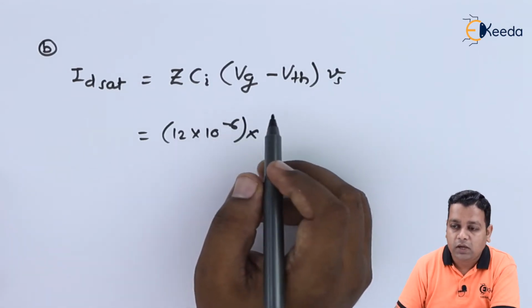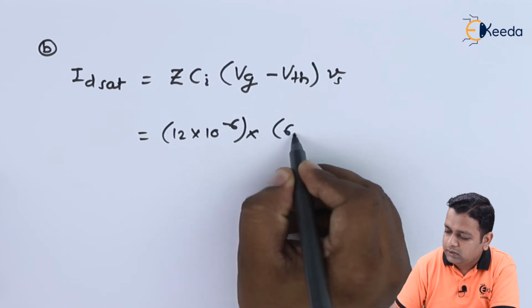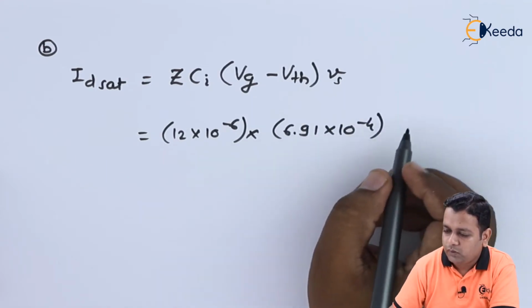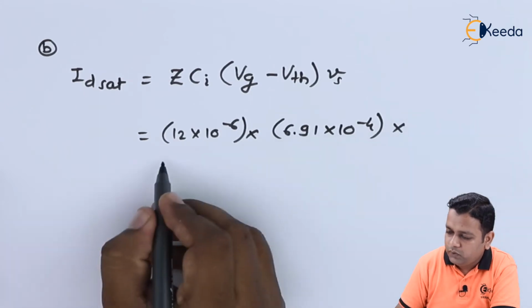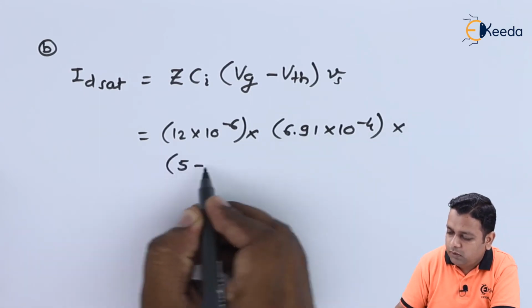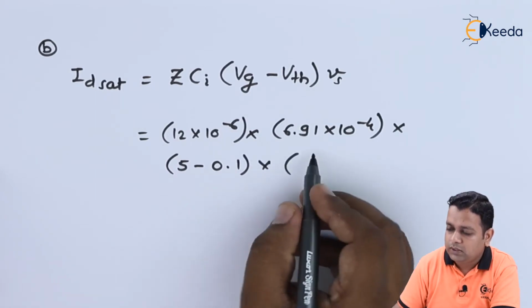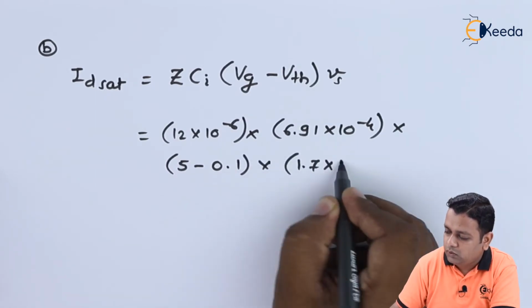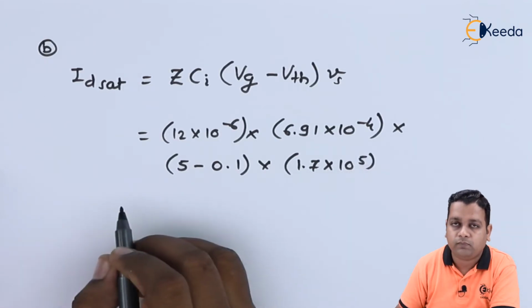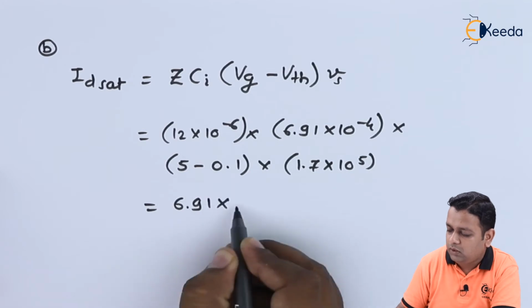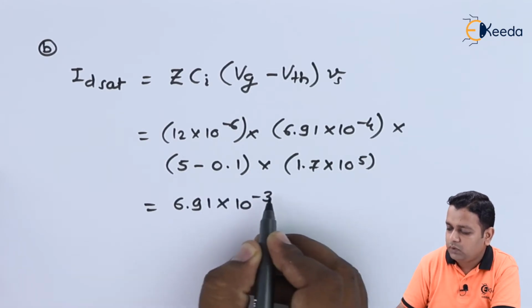C suffix I we have computed, that it is 6.91 into 10 raised to power minus 4. Now we have the other bracket that has a difference of 5 minus 0.1, into Vs, which is 1.7 into 10 raised to power 5 here. So finally we obtained the answer 6.91 into 10 raised to power minus 3.